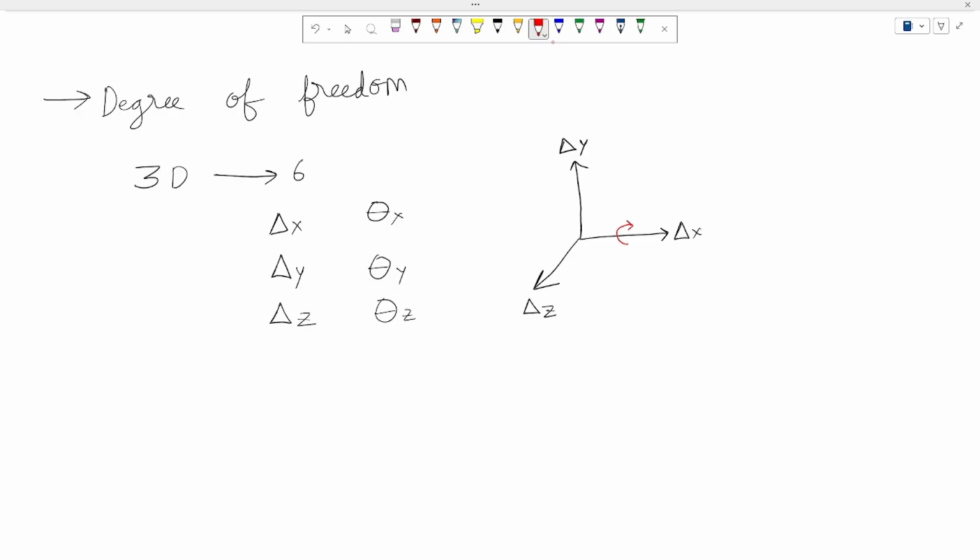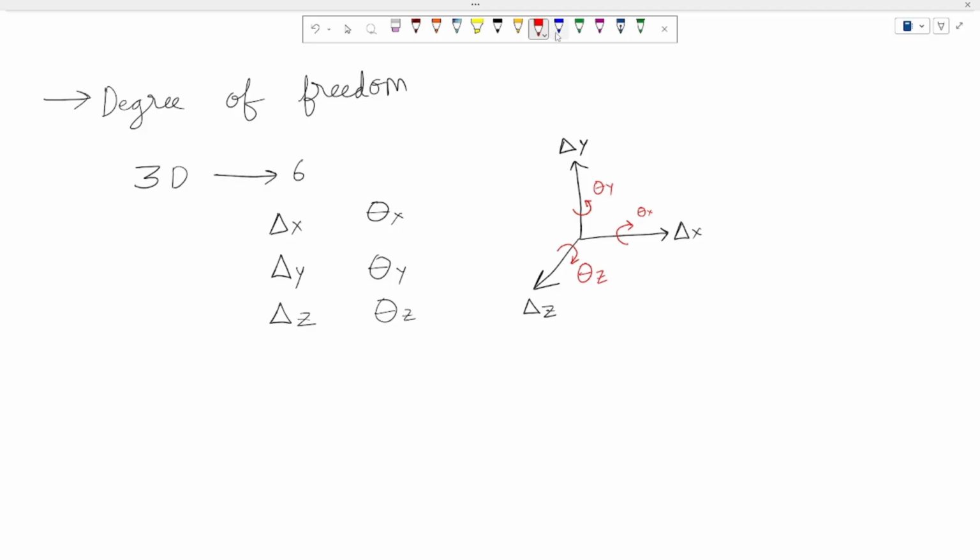Rotation about the x-axis is called theta x. Rotation about the y-axis is called theta y, and rotation about the z-axis is called theta z. So in this way you have 3 translational restrictions and 3 rotation restrictions. So each node, each joint in a 3-dimensional structure has 6 degrees of freedom.